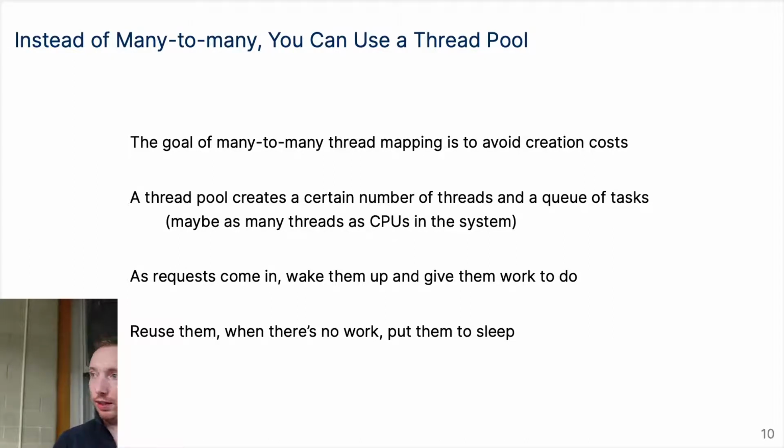You wouldn't actually destroy it. When there's a new task, it would go ahead and do that task. So you only create your threads once and reuse them over and over again. That's one very common technique, called a thread pool. You might encounter this with one of the labs way later in the course.